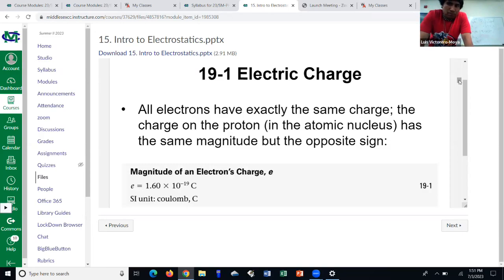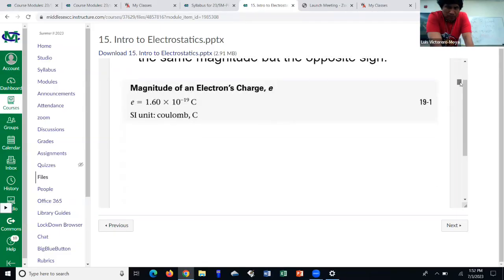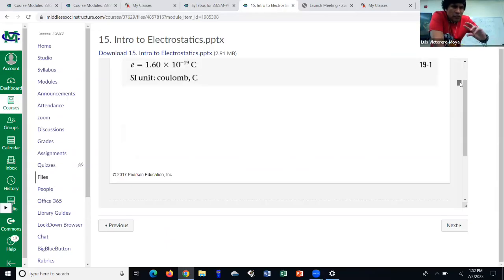But whenever they tell you the magnitude of the charge, that's when we use the positive value of it. So we know that matter can be charged, and with the value of the charge that an object may have, you can estimate the excess of electrons or protons an ion may have.